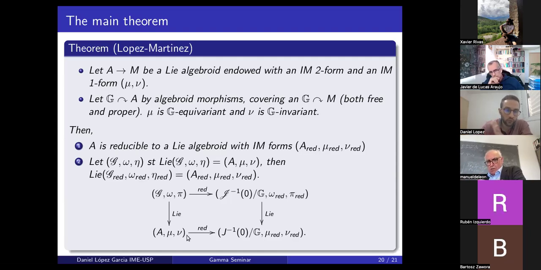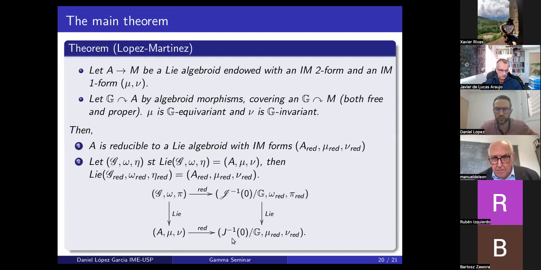Well, you can think in two ways. The first one is if you start with this Lie algebroid, with this infinitesimal information of IM forms, and you have some symmetry by the action of a Lie group, which satisfies the condition of being free and proper, then you can consider the reduction.